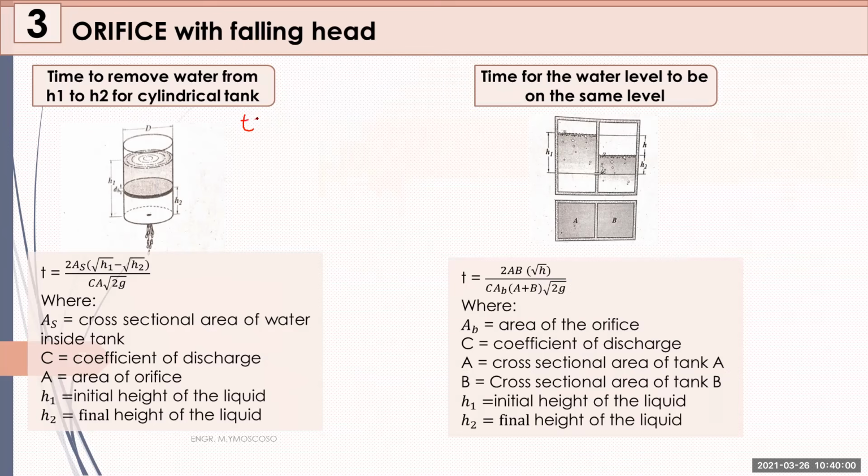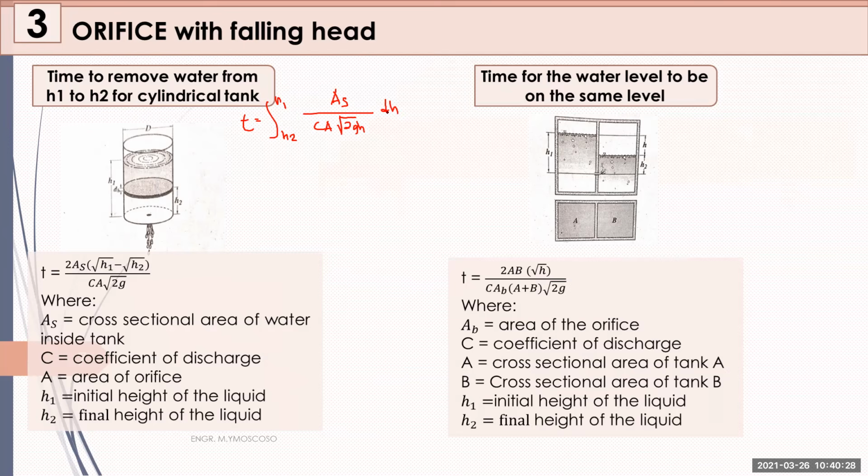So, you have your time, that would be yung lower limit at higher limit, that would be your H sub 1 and H sub 2. Kasi di ba magdi-differ dito yung time na ating makukuha. So that is your area of your tank divided by CA times square root of 2GH dH. In terms of dH tayo dito kasi nga yung height yung kukunan natin with respect to time. Okay?